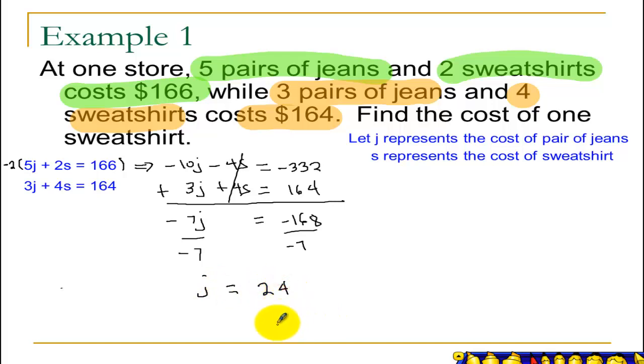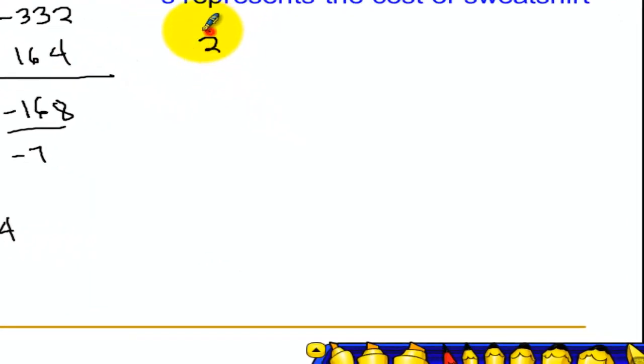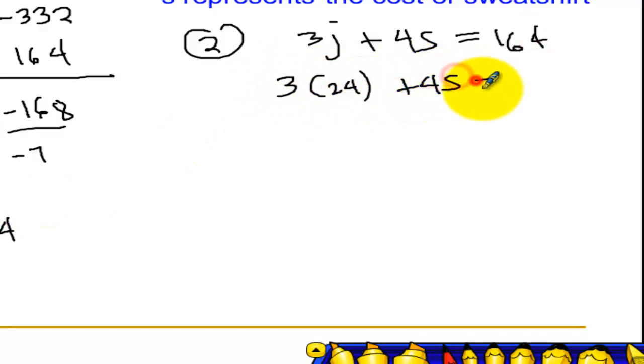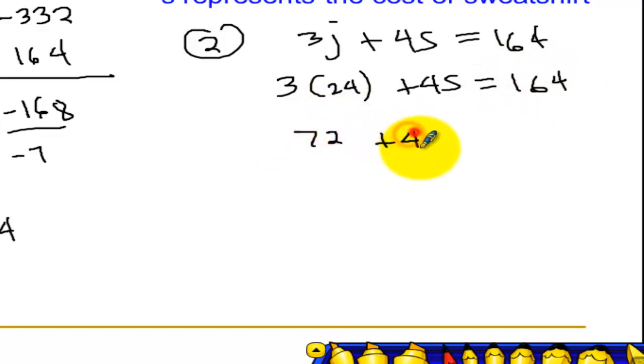J will be equal to 24. Now that we have the value of J, we can either use the first equation or the second equation to solve for S. So let's use our second equation. From the second equation, we have 3J plus 4S equals 164, but J is equal to 24. 3 times 24 is equal to 72, plus 4S equals 164.